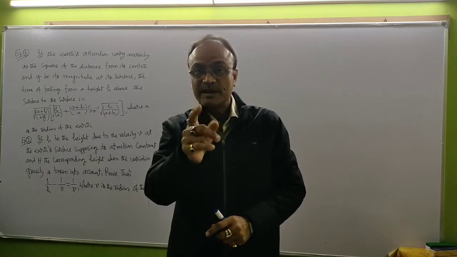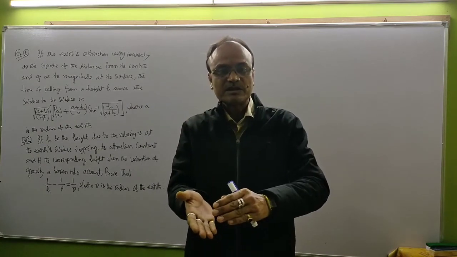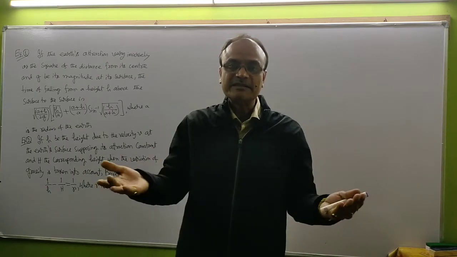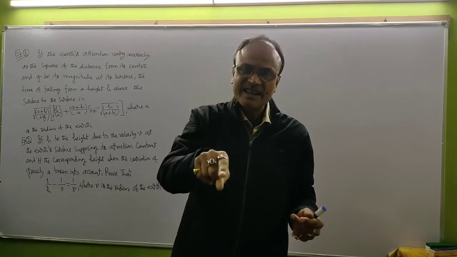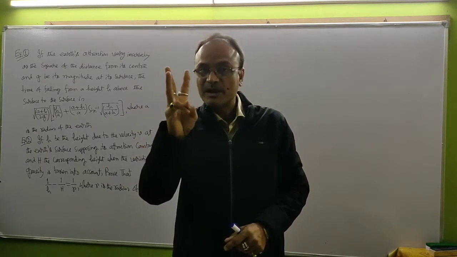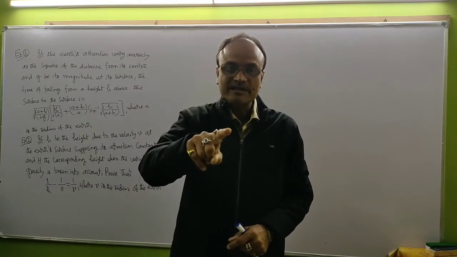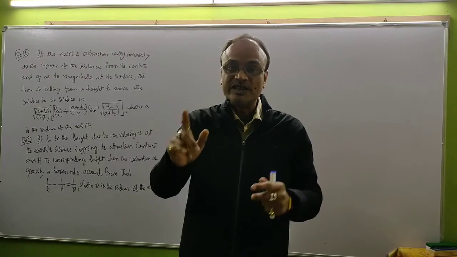Number 2, if the particle moves inside the earth's surface, then the acceleration varies directly as the distance of the particle from the center of the earth. Number 3, at the earth's surface, the value of the acceleration is equal to g.